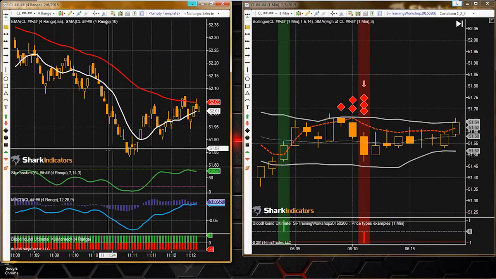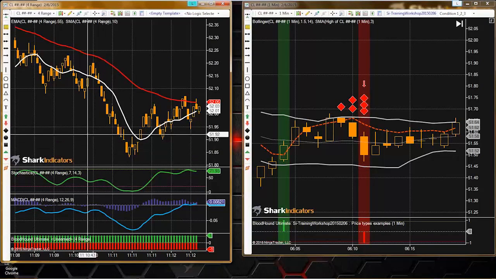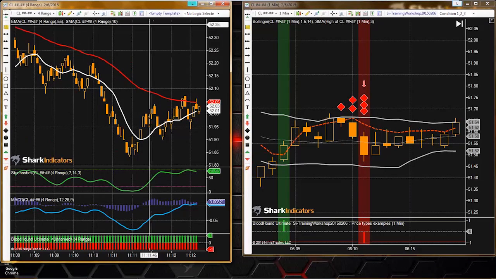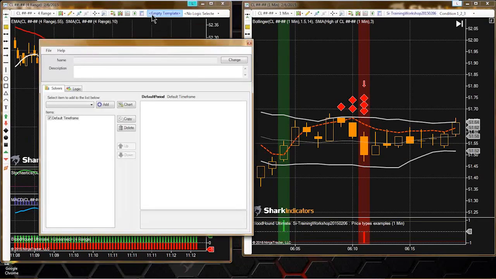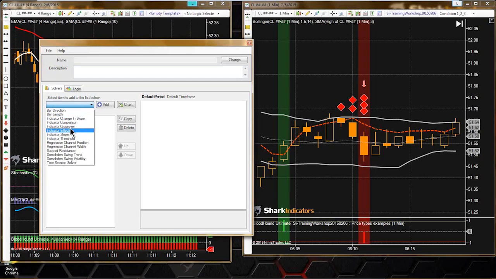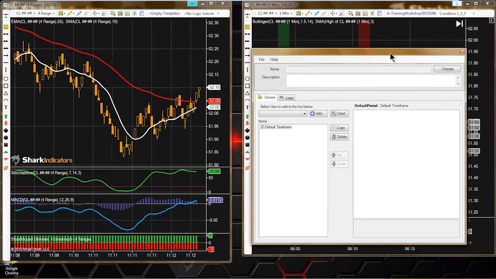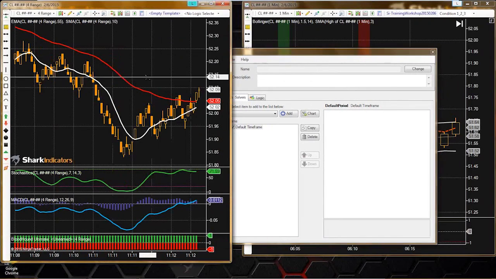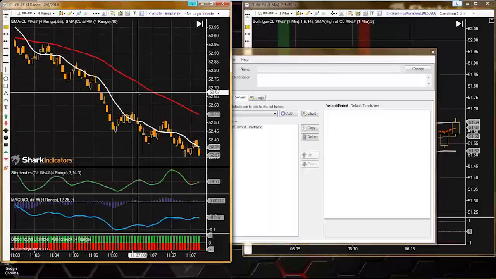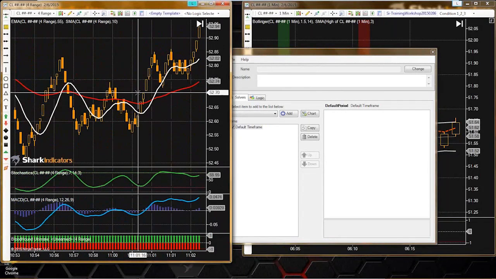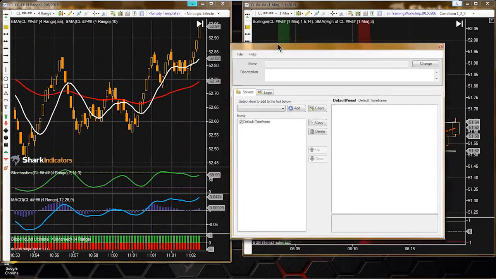I'm just going to put something very simple on this chart. We'll look for price reversals on this chart. Actually, better yet, let's look for crossovers on that chart.